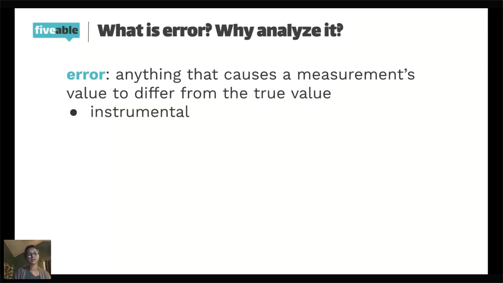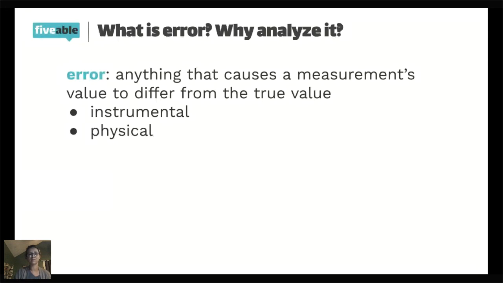So these could be instrumental things, something wrong with the piece of equipment or the instrument that you're using to measure. A really simple example would be a ruler where the markings are not quite right, or they're kind of wide or blurry and not easy to read, or a scale that isn't zeroed properly. So, errors with equipment.